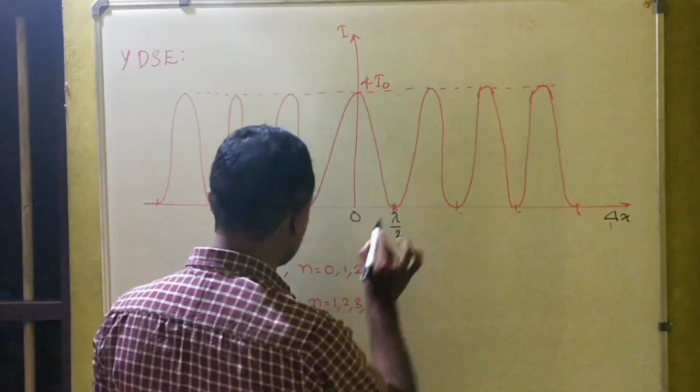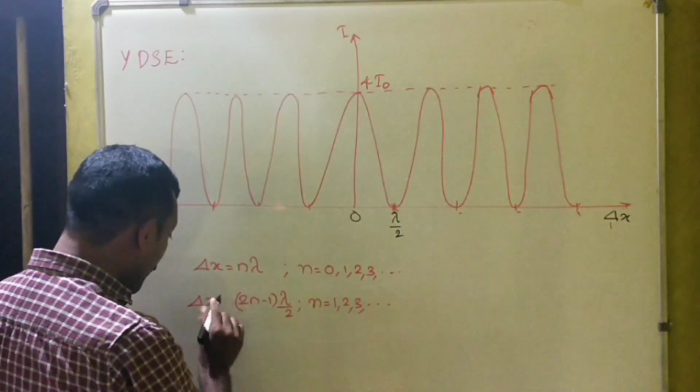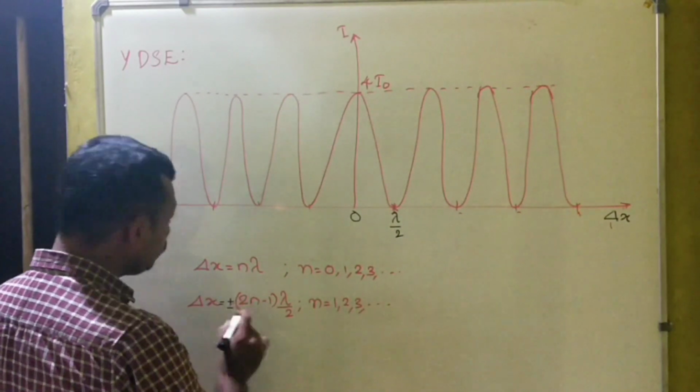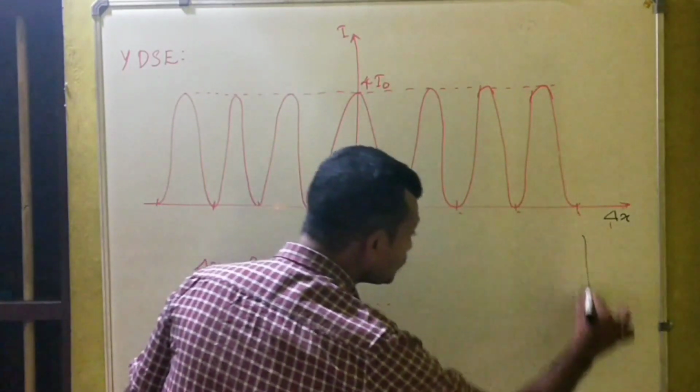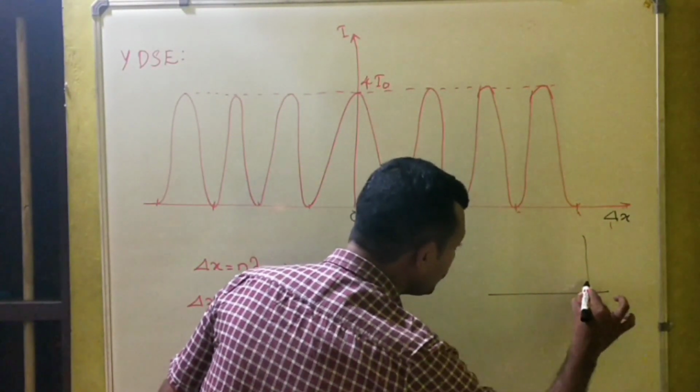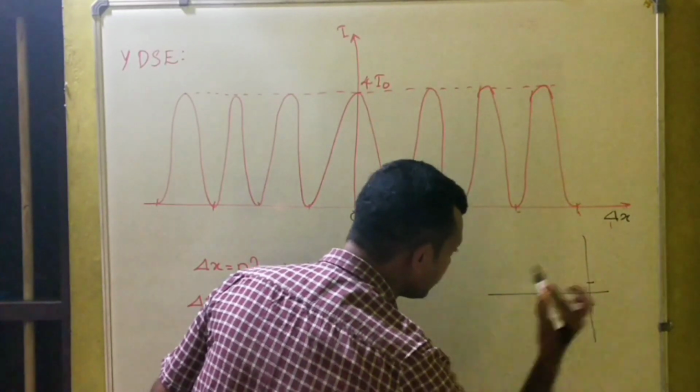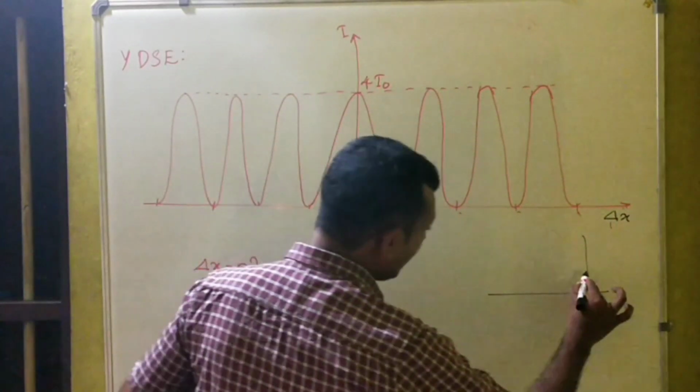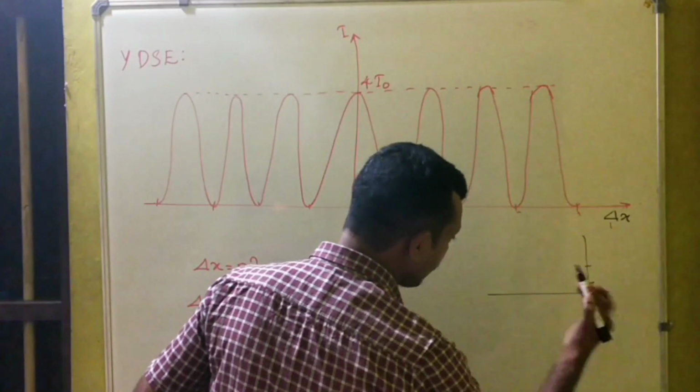So the first dark band is at plus or minus lambda by 2, because when you have a screen and this is the center, you get a dark band on this side, and you also get the first dark band on the other side. You get the next dark band here, and the next here.